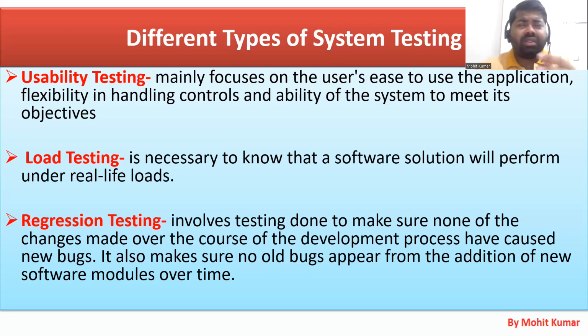Sometimes you can see, a simple example I can give you. You have a gadget, like a mobile, right? You are trying to fix something in your mobile, but again a new problem comes in your mobile. Understood, right?